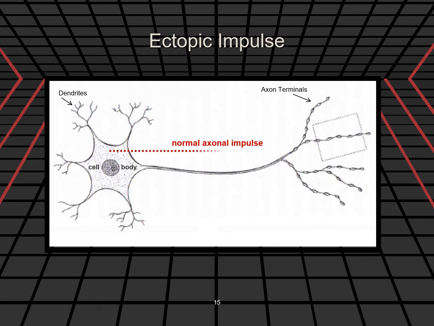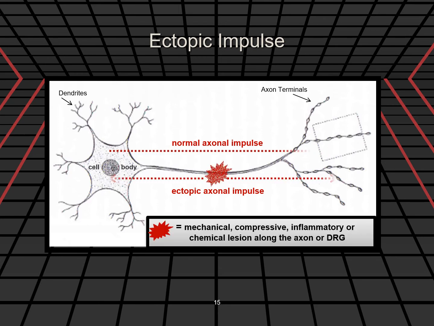That's a normal axonal impulse. If something protrudes, as in a herniated disc, and hits the spinal nerve root, then you can get what's known as an ectopic axonal impulse, or an abnormal action potential. You can see the flashing red area indicates some type of lesion affecting the nerve root and causing impulses to go in both directions.